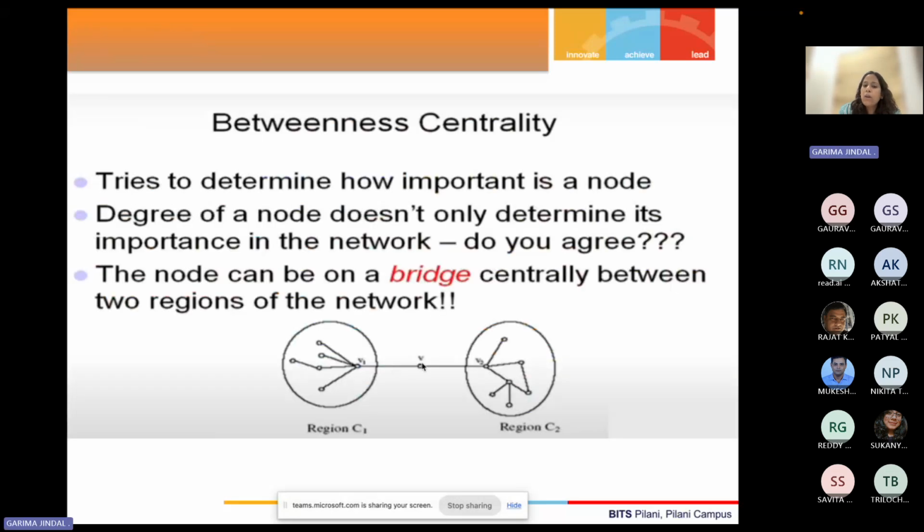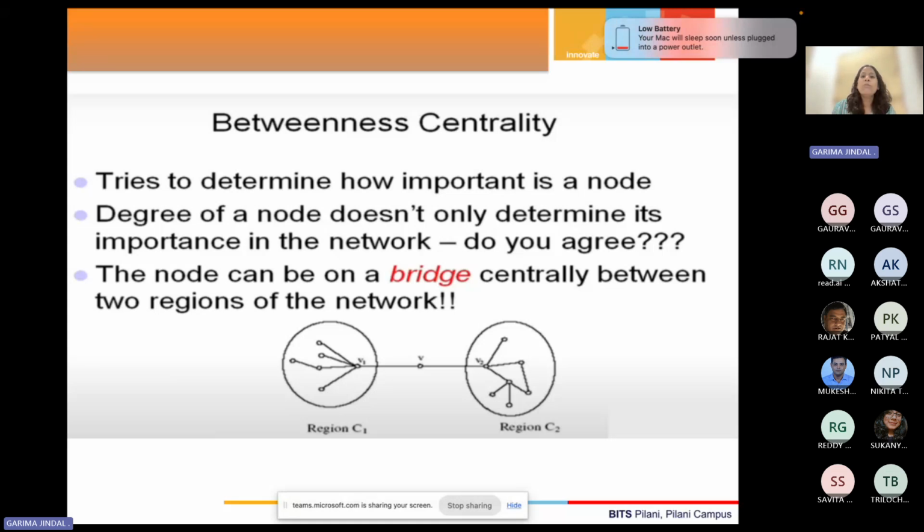Okay, so epidemiology was one of the applications. There can be another application. For example, there is this highway that is connecting two states, maybe Telangana and Karnataka. This is the only road that is connecting these two cities, so this road should not get blocked.